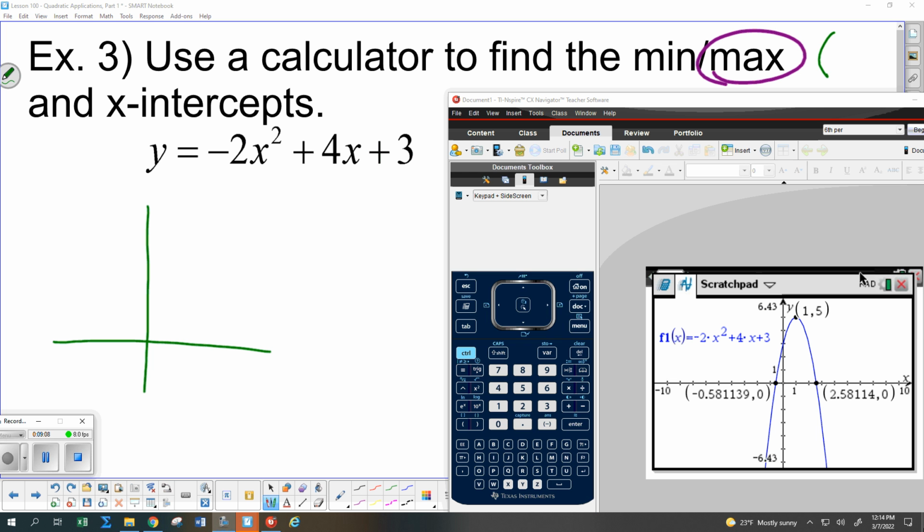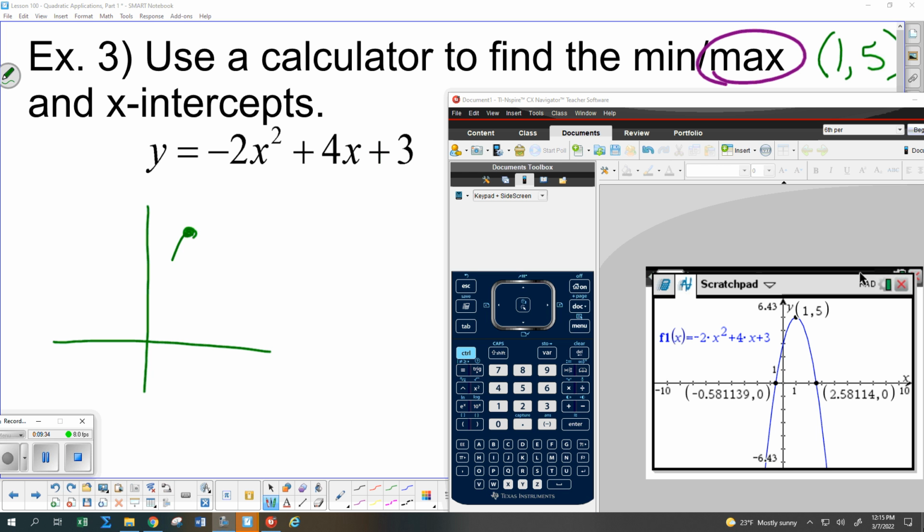So the max vertex was at 1, 5. That's in the first quadrant. So I'm going to make sure I have a dot in the first quadrant. And I may change the scale a little bit. If my calculator looked like it was real close to the y-axis, I'm going to move it over when I draw my sketch.